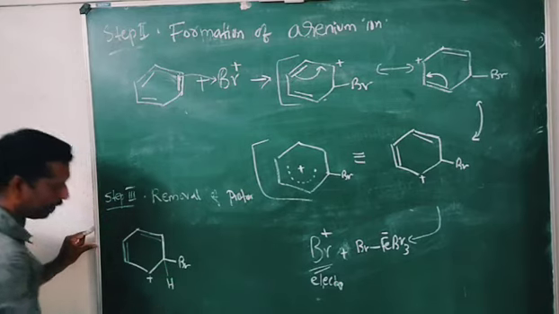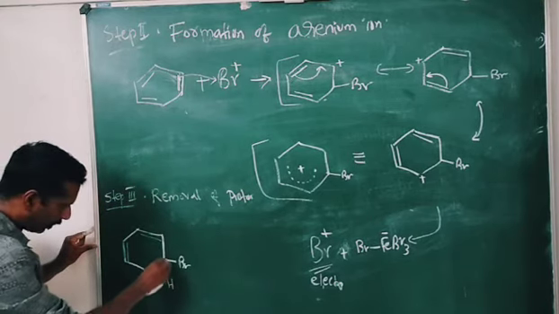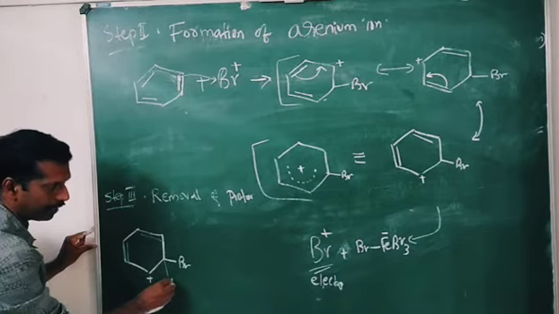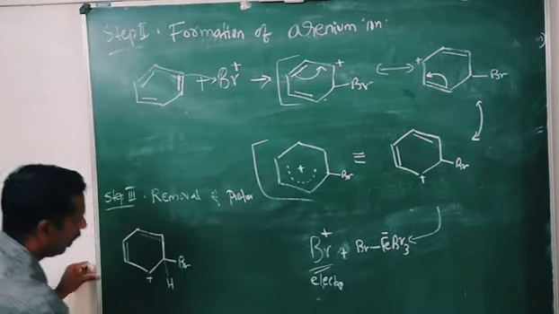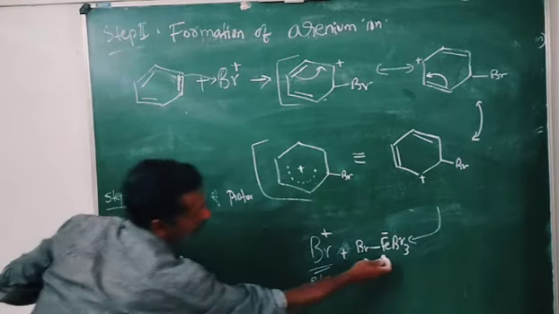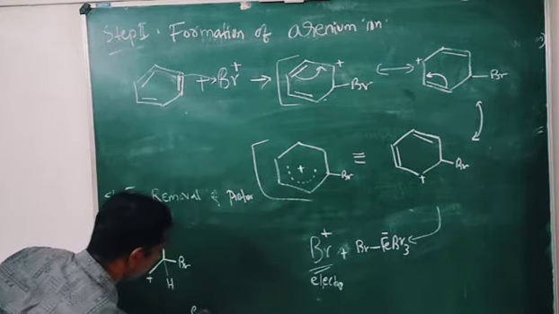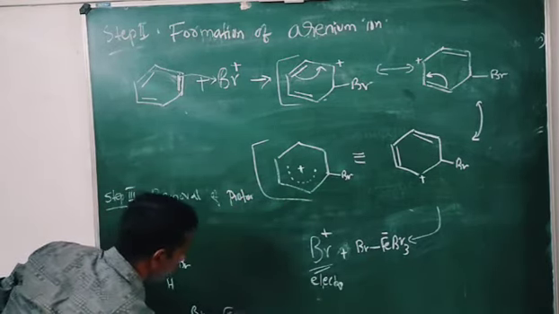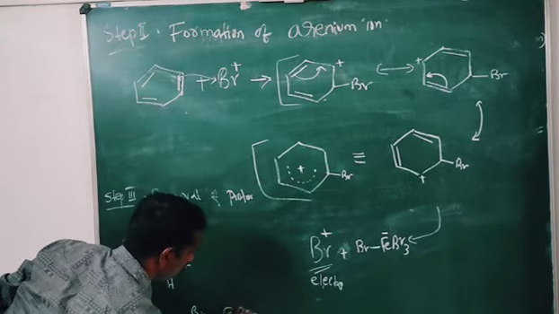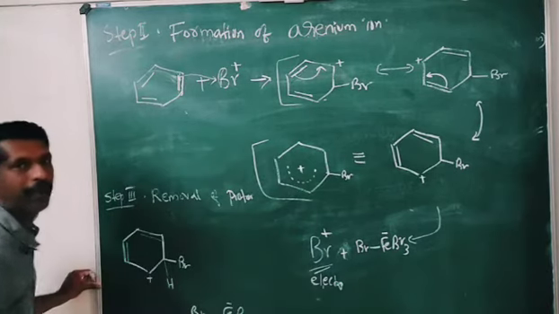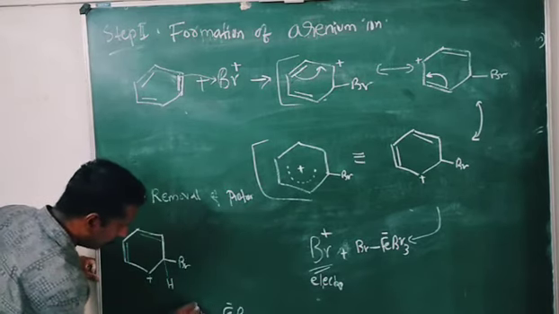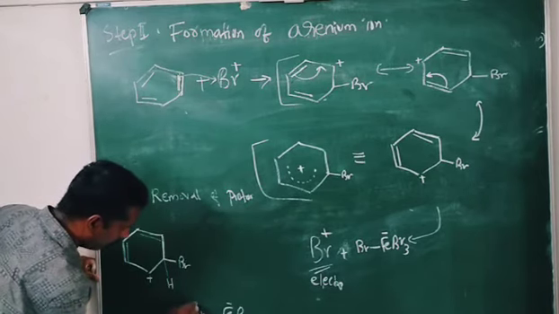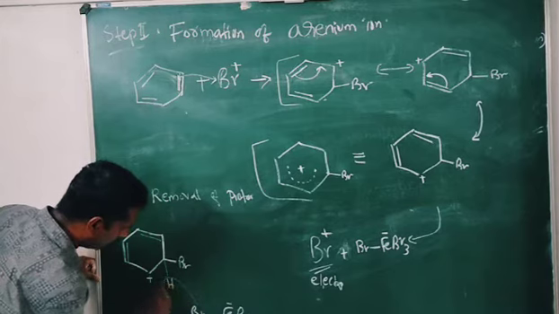For stability, this CH bond breaks from hydrogen. How is it breaking? Look at here, in the first step we have Br, FeBr3 minus. Now we can see that this Br with its lone pair will abstract this proton.